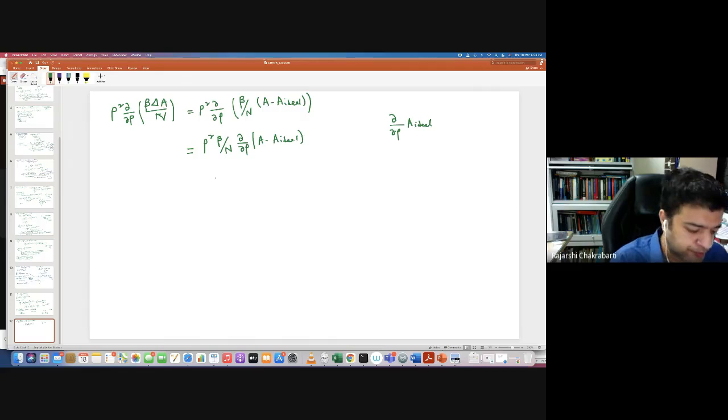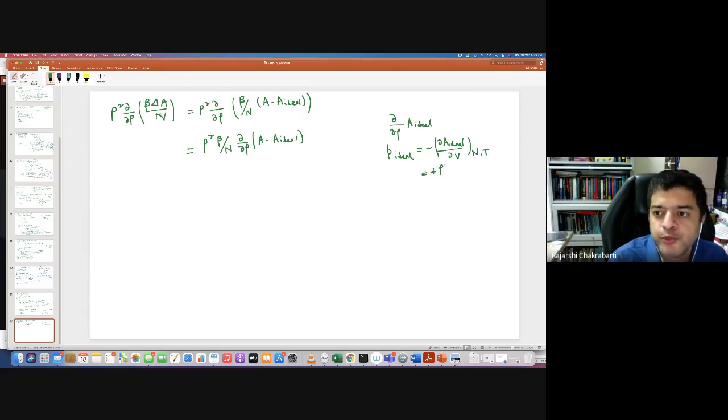That you can put, because you know that P ideal is minus del A ideal by del V at n comma t, which is actually plus rho square by n del A ideal by del rho at n comma t. So I'll just put it here.